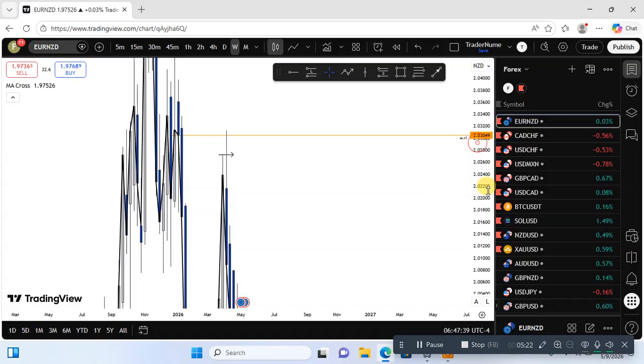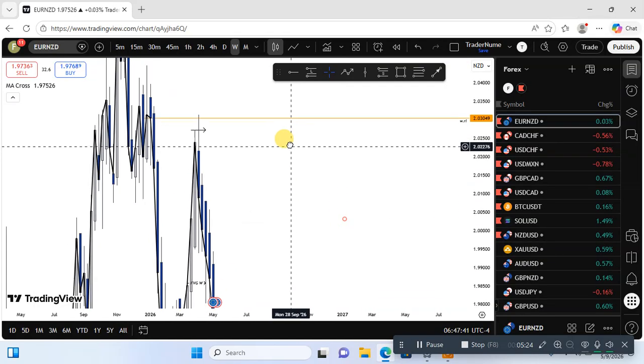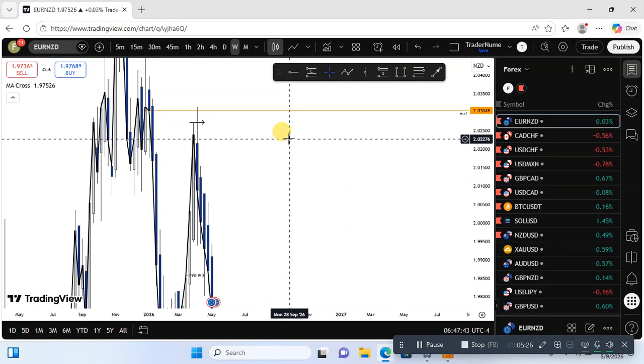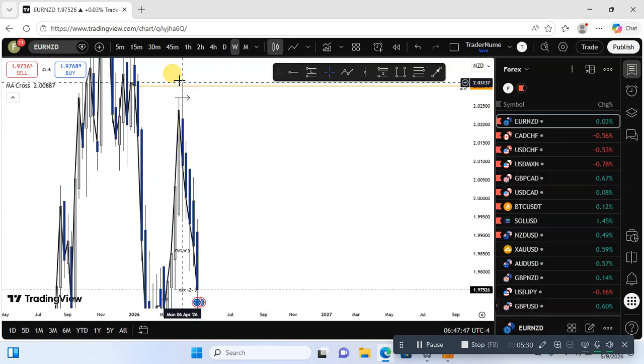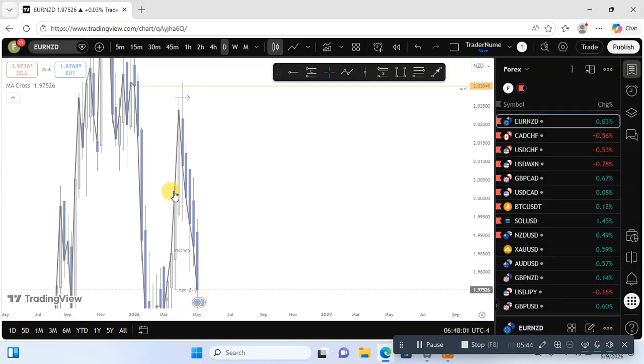Price is already dropping. So we are narrowing everything down to the daily and the 4 hour, right? So now what did we see? We also saw a sweep of liquidity, reaction on a key level, then a downward movement. Once we see that weekly downward movement after a sweep of liquidity, we move to daily.